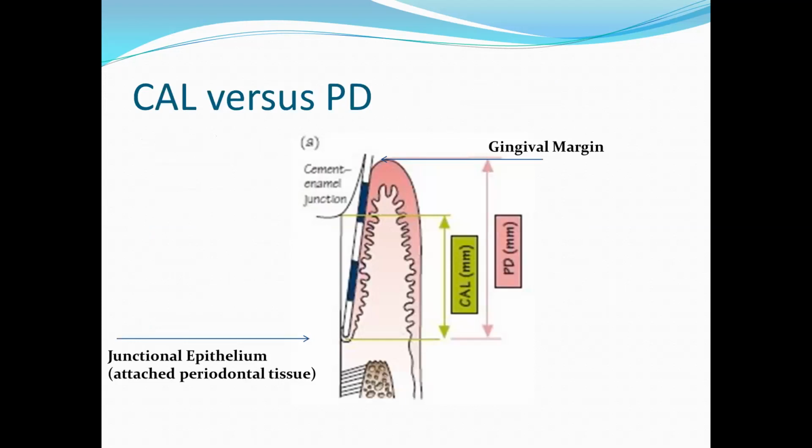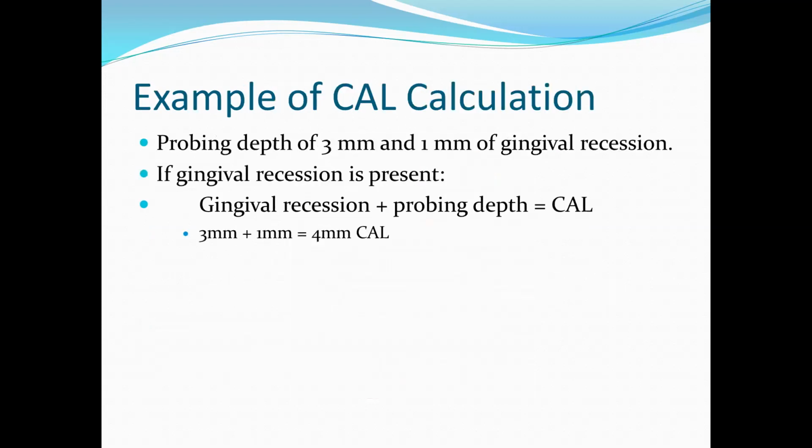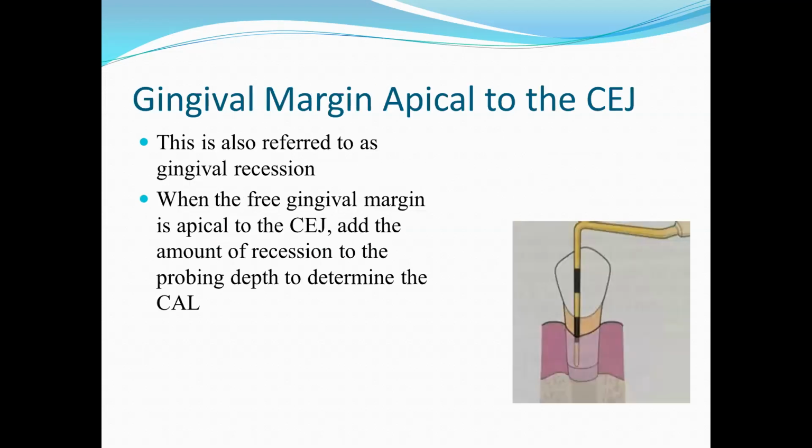So CAL versus periodontal pockets in the millimeters. Review that, okay? This is paramount on what we do. So probing depth of 3 millimeters, and you've got 1 millimeter of recession. Do you add or subtract? This is one where you add. So 3 millimeters for the probing depth and 1 millimeter of recession says that the CAL is 4 millimeters.